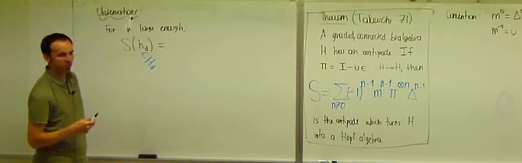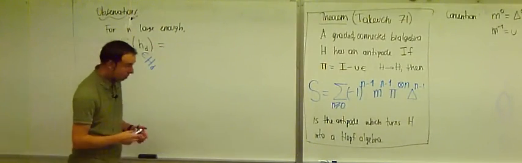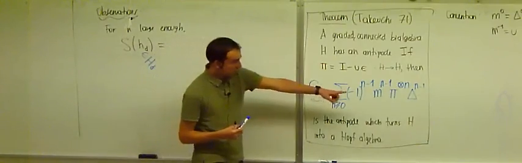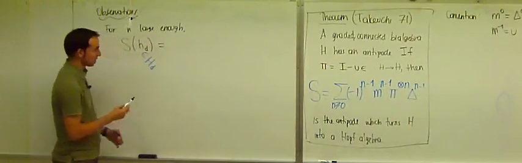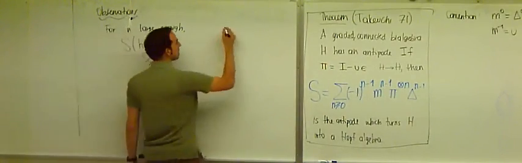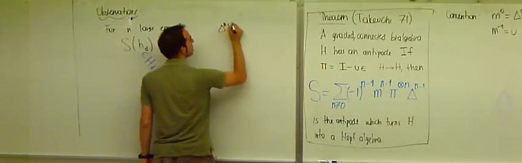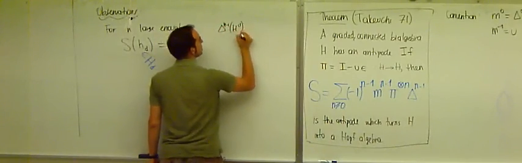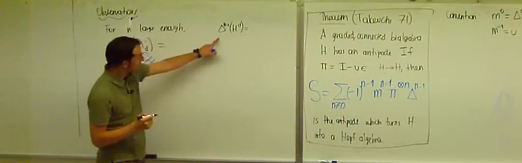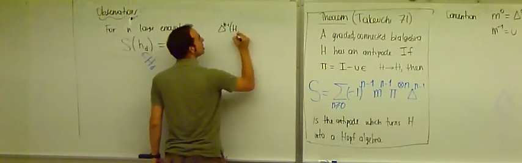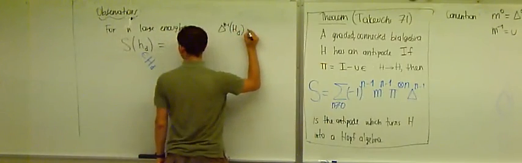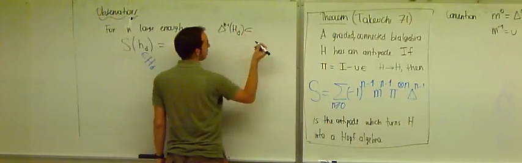So how do I know that this sum is finite? Well, the thing is that if I take the n minus first coproduct, where does that live? If I take the n minus first coproduct of something of degree d, that needs to live in.